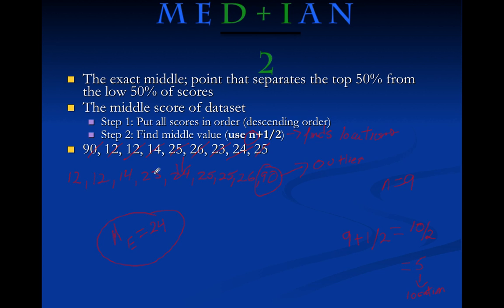So in other words, 50% of my scores are below, and here 50% of my scores are above. So 50% of my scores are above, 50% of my scores are below the median, right there at that middle point.